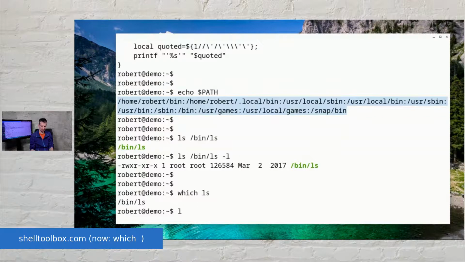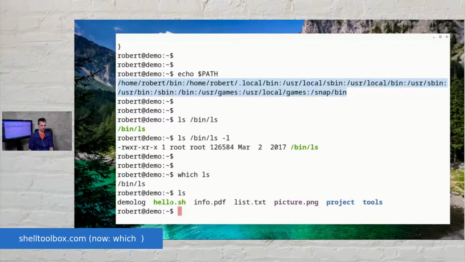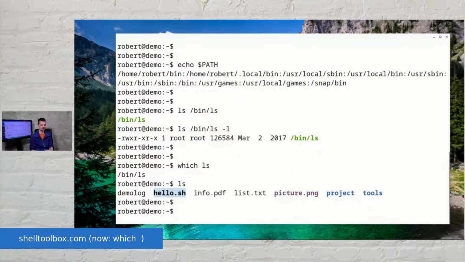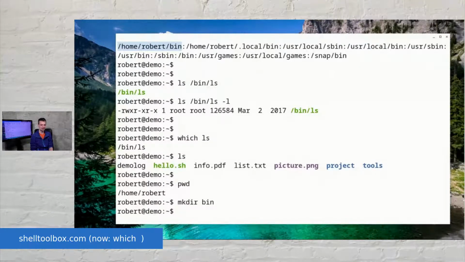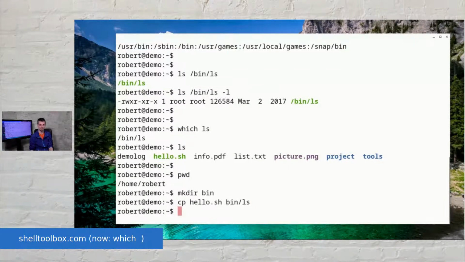I have an example script here within the current directory. I'm currently within home robot. Let's create the directory bin here, and let's copy this example script hello.sh to the bin directory, and let's choose the name ls for the new file for the copy.